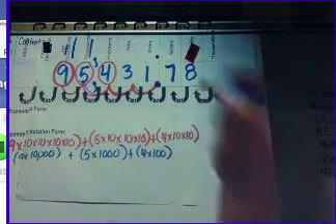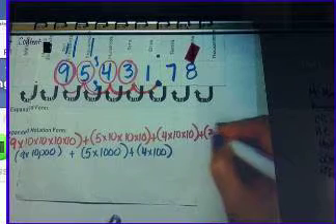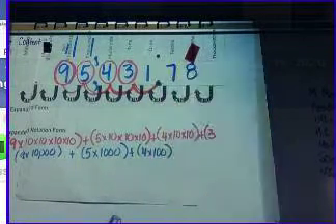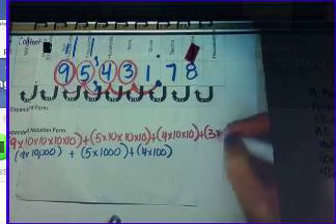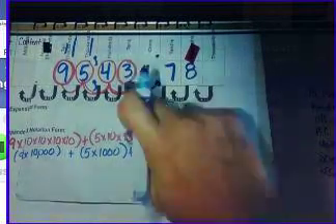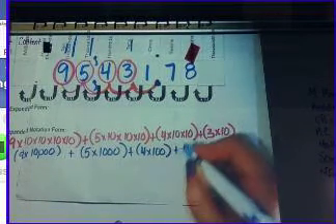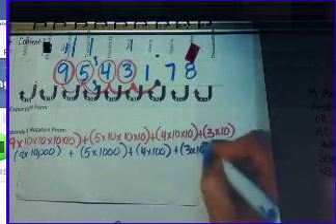So my next digit is the 3. So we do plus 3. I jump 1 times 10. So 3 times 10. And for the bottom part, we do 3, and then we do our times 10. That one is pretty much the same.